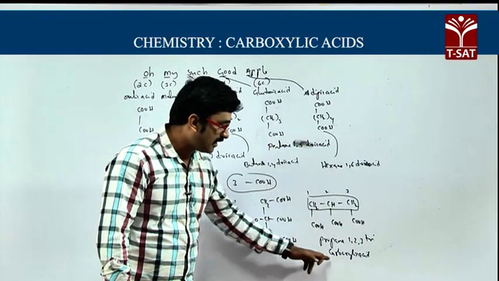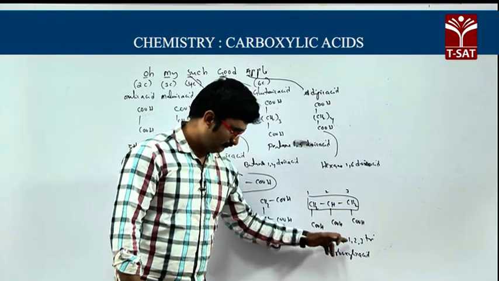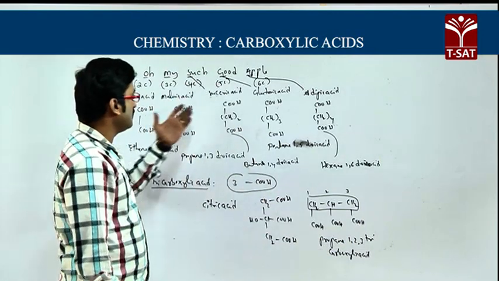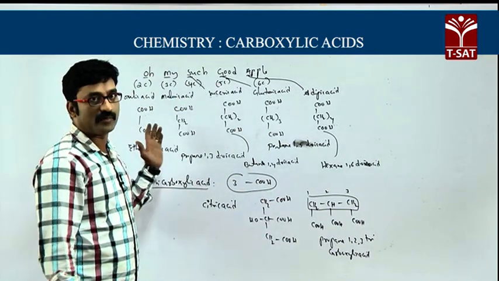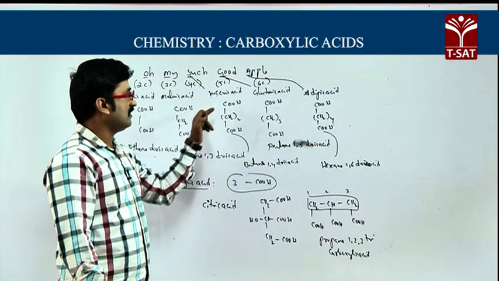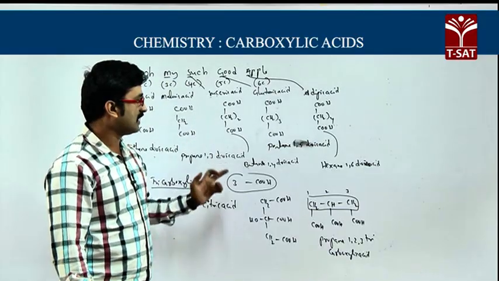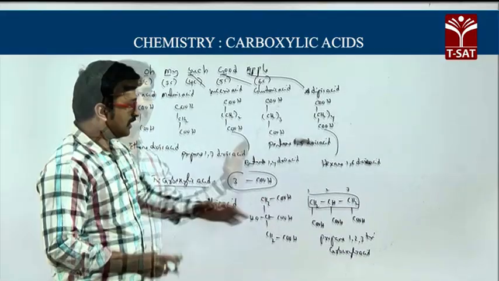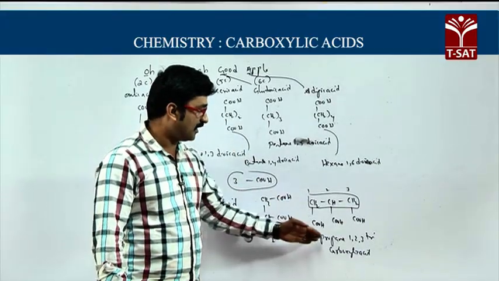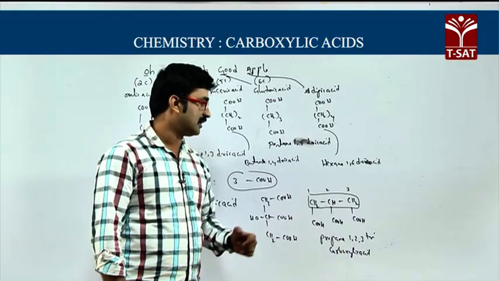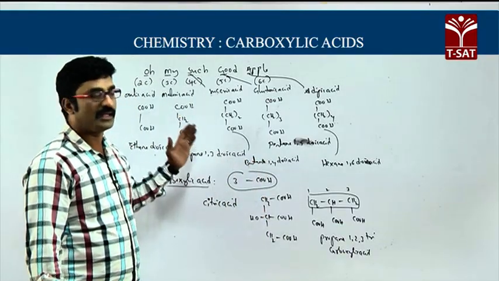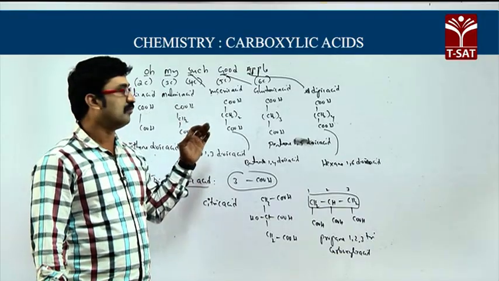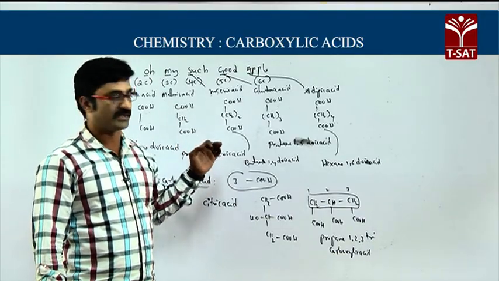That is why I have written carboxylic acid. But whereas in the case of dicarboxylic acids, I included the carbons in the parent chain. That is why I didn't write carboxylic acid. Its IUPAC name is propane 1, 2, 3 tricarboxylic acid. This is about the classification of aliphatic carboxylic acids into mono, di, and tricarboxylic acids.